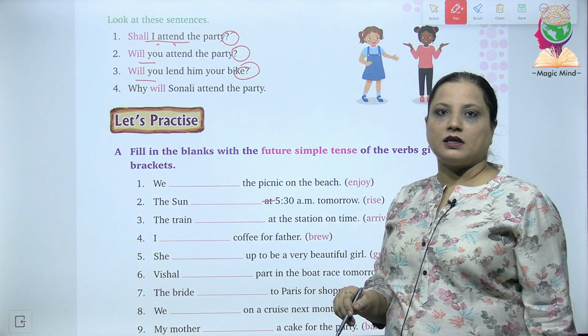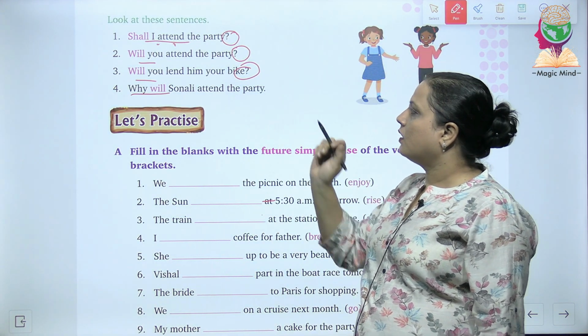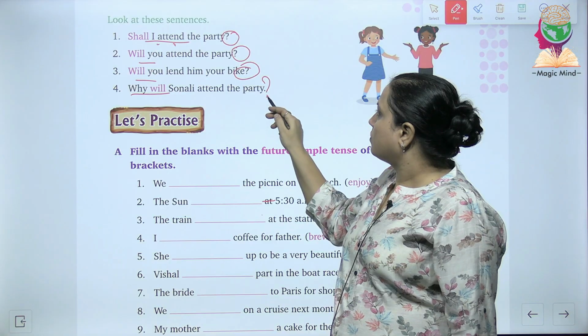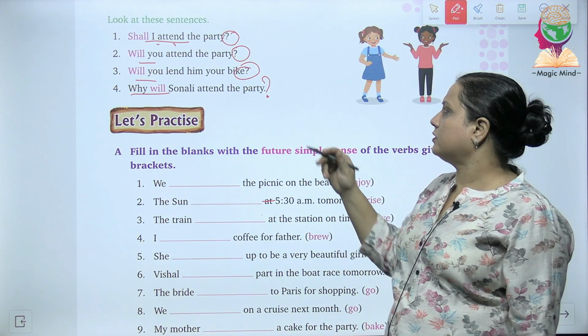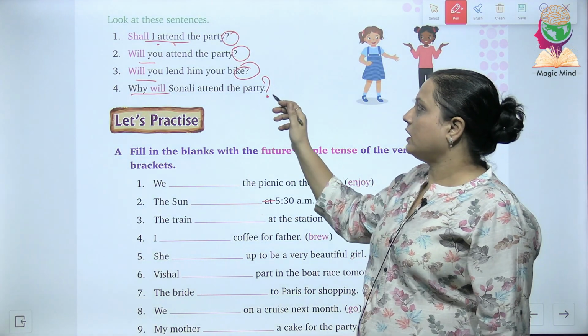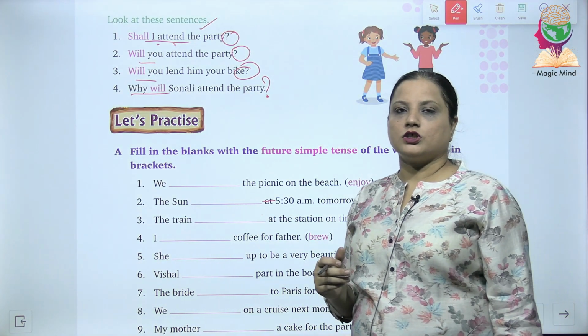Again a question mark at the end. Why will Sonali attend the party? Again a question mark. In the end there is a misprint. You will put a question mark at the last. So these are all the question forms of simple future tense.